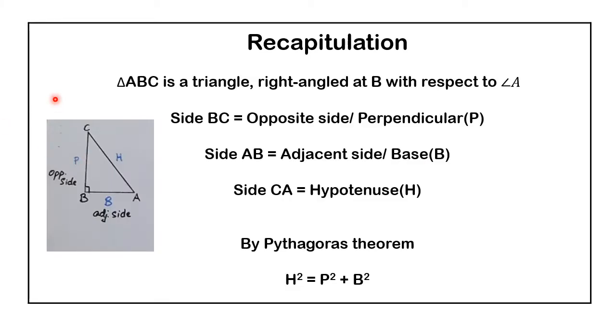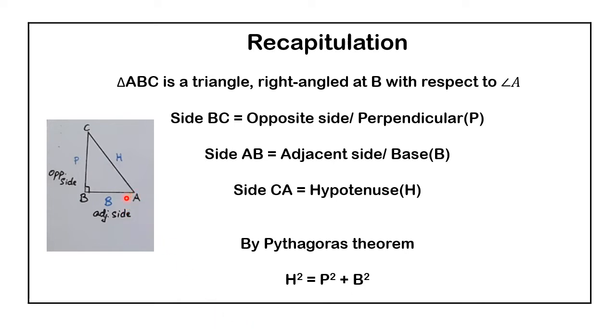In the earlier classes, you might have read about the right angle triangle. Consider the right angle triangle here. ABC is a triangle which is right angled at point B, and with respect to angle A, BC is the opposite side or the perpendicular.